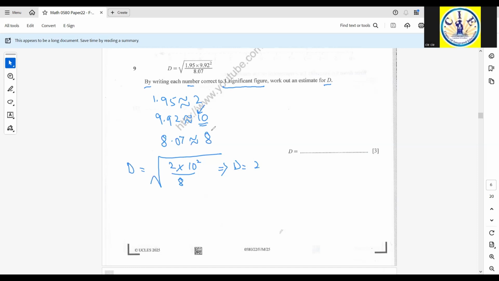Or I can just cancel it out with this one. 10 squared is 100 divided by 4, that is 25, and then its square root, so the value of D is square root of 25, that is 5. So this is how this question number 9 is to be done.